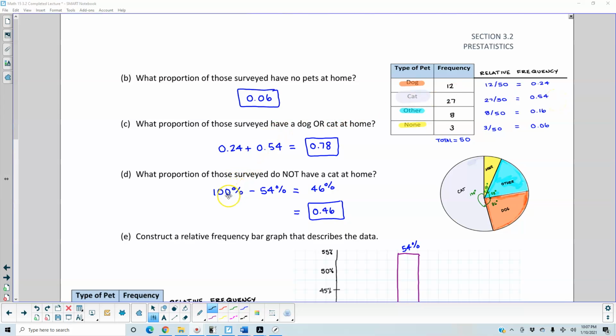So we can take 100% and subtract 54% to get 46% and convert that to a decimal. Or you could just say the following. You could say, okay, well, I'm going to take 1 and then I'm going to subtract 0.54. And what that gives me is 0.46.